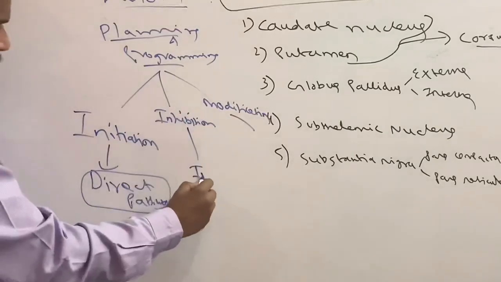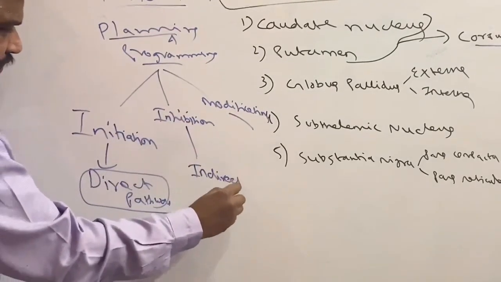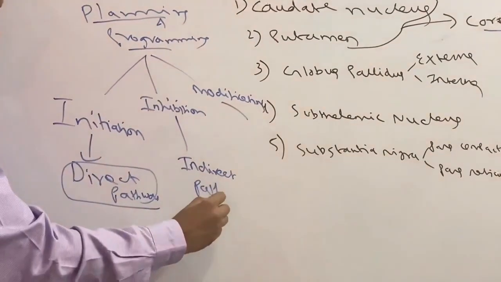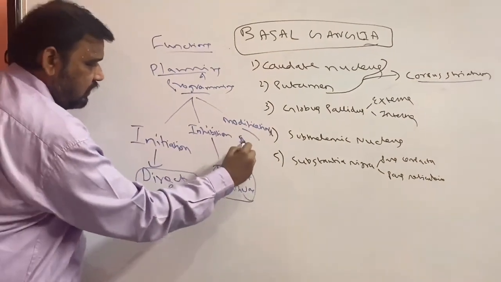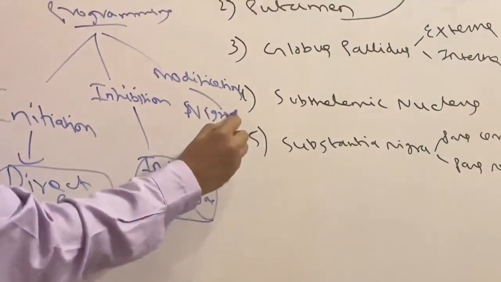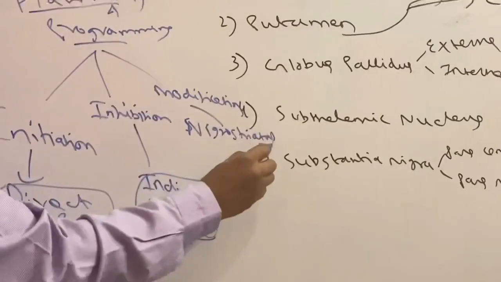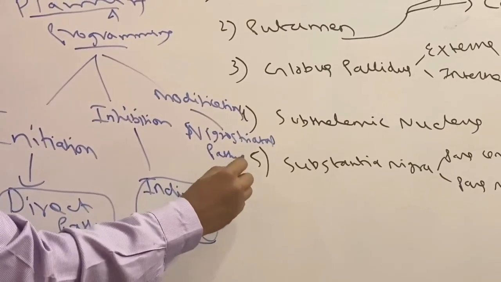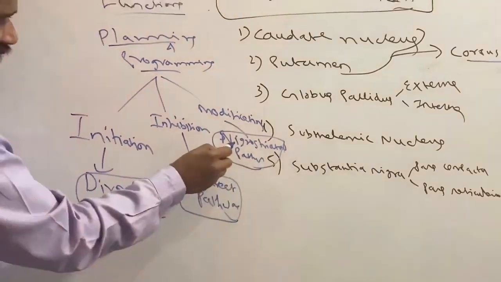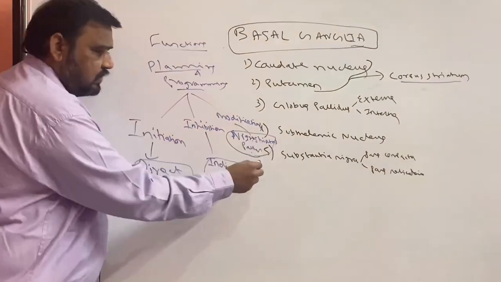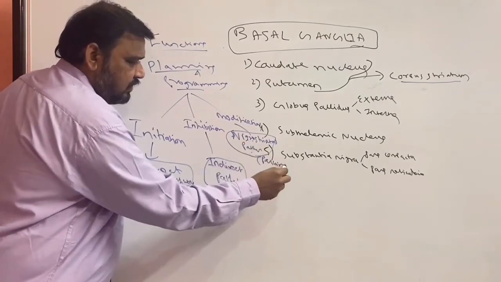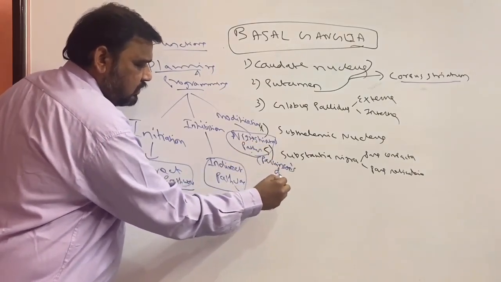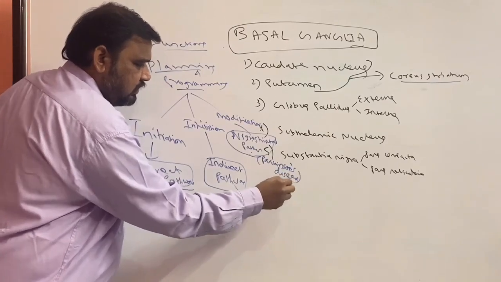Inhibition of movement is the indirect pathway. Again, I will explain that, don't worry. And modification of movement is the nigrostriatal pathway. As the name suggests, these are connections between substantia nigra and corpus striatum. It's very important because if this pathway is affected, there is a condition called Parkinson's disease.